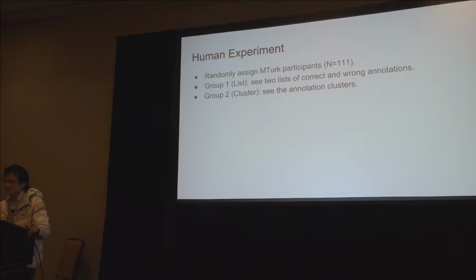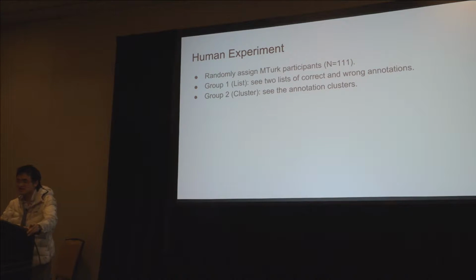So the hypothesis here is that by looking at clusters, if you are a requester trying to understand why your workers made mistakes, probably what you do is look at a list of correct and wrong annotations.